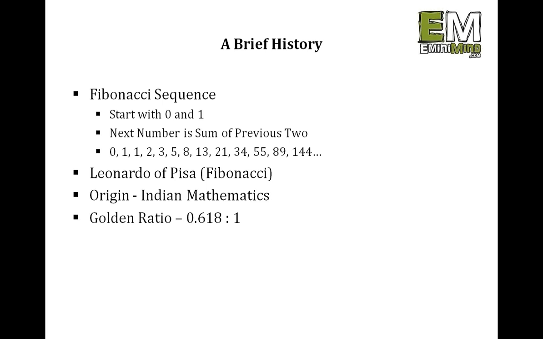So what we have from the Fibonacci sequence is what's known as the golden ratio, and that's where that 61.8 is derived from. So what exactly is it?